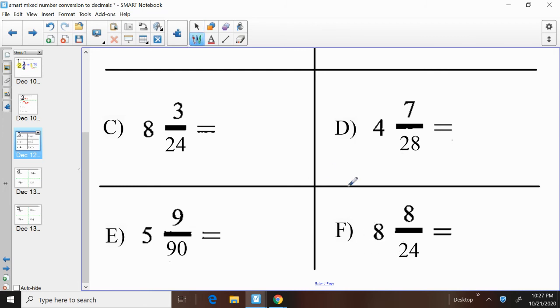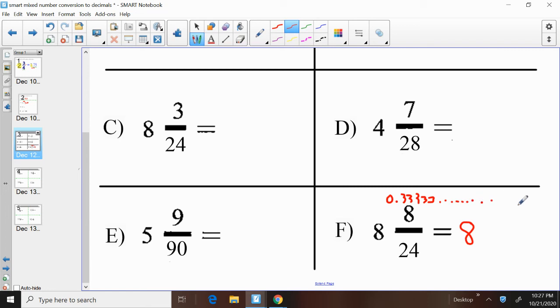Our whole number is going to be 8. Right, and now take 8 and divide it by 24. So if I have my calculator and I take 8 divided by 24, it gives me 0.3333, and on and on. The 3 repeats and never stops.